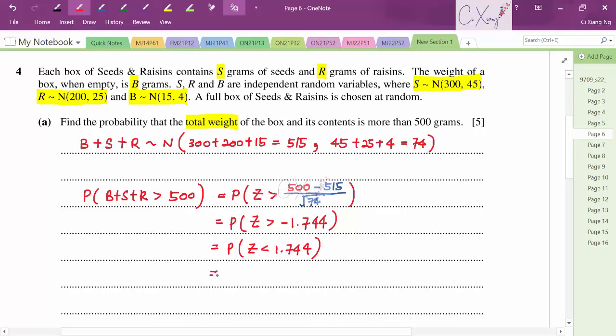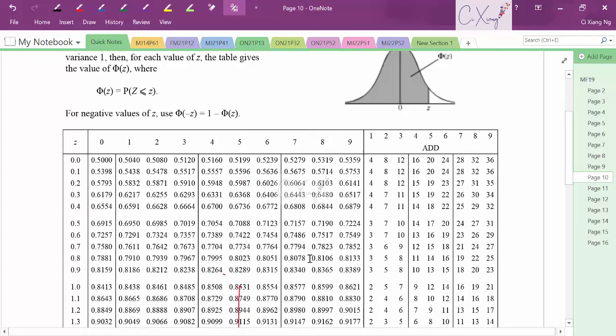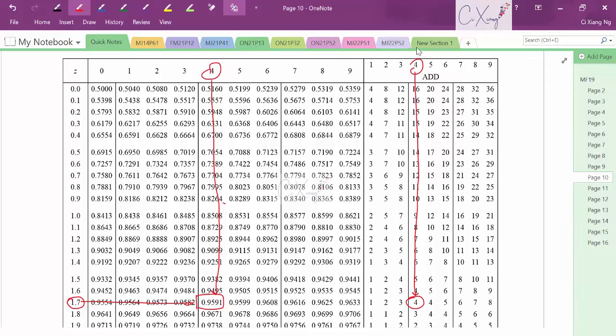Okay, so we try to find the probability from the z-value 1.744. Let me erase all this first. We should look for 1.74. The value that we get is this one. And then 4 again. So the 4 here, I need to add to the last digit. So 9591 plus 4, you get 9595.